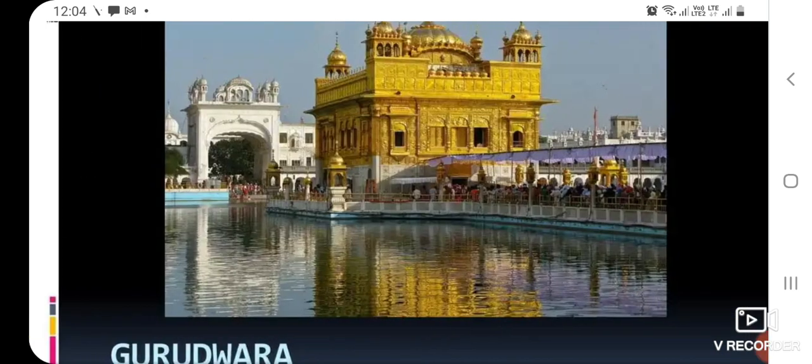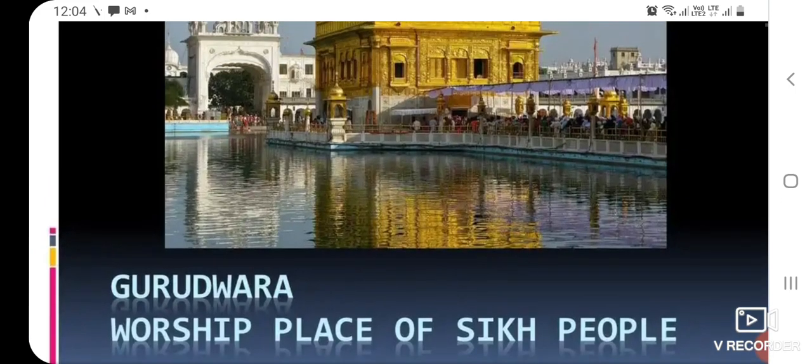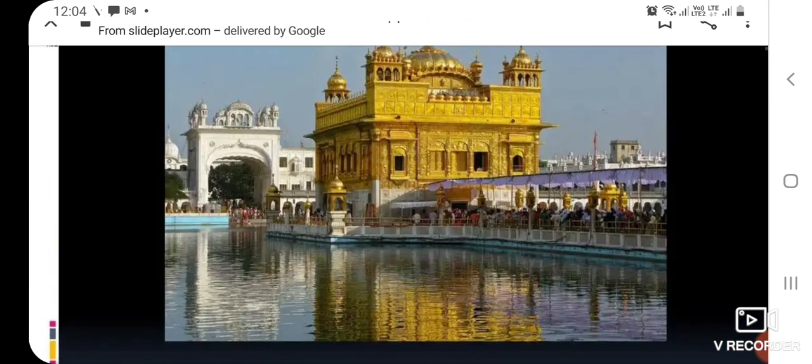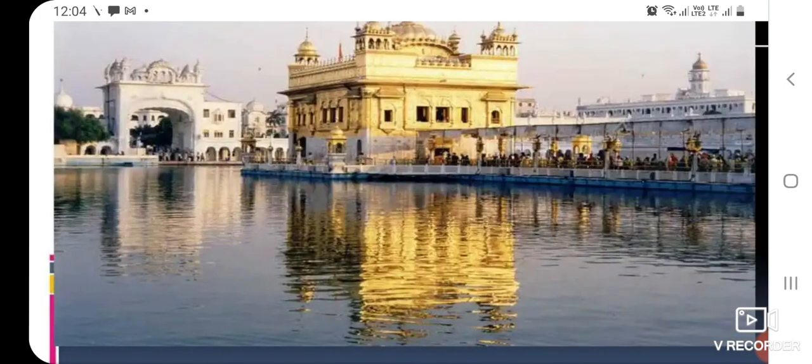Then this is a Gurudwara. Hope you can identify. It is Golden Temple in Amritsar. And this is the worship place of Sikh people.